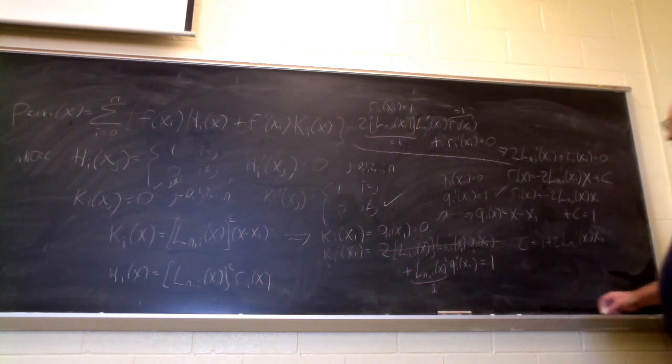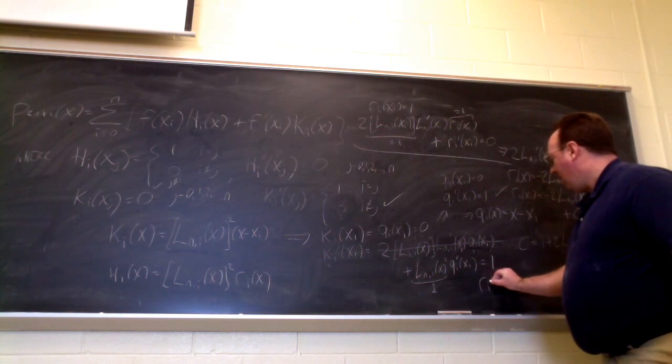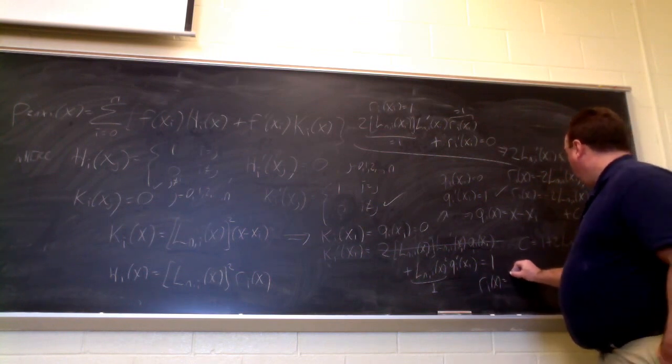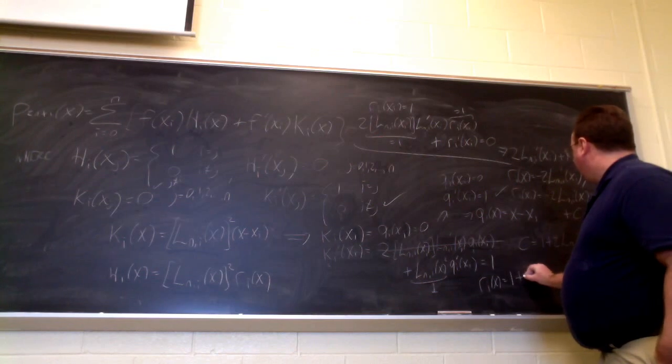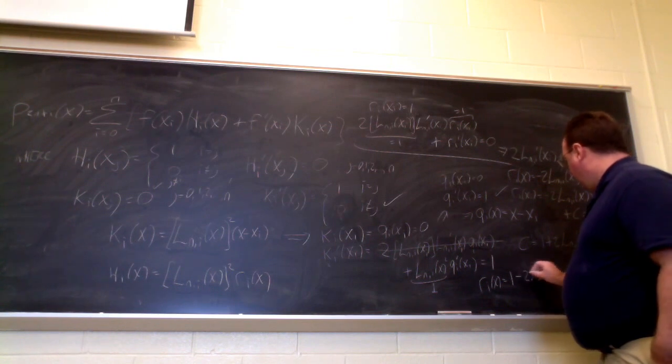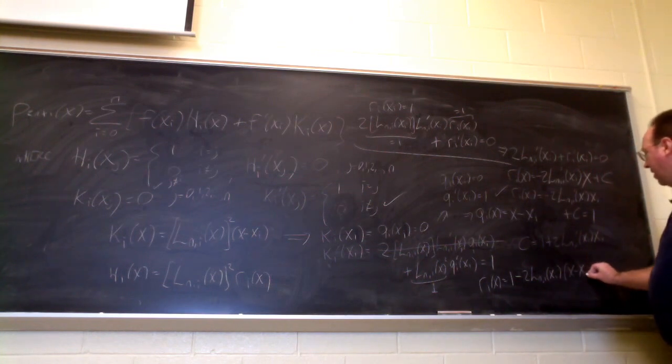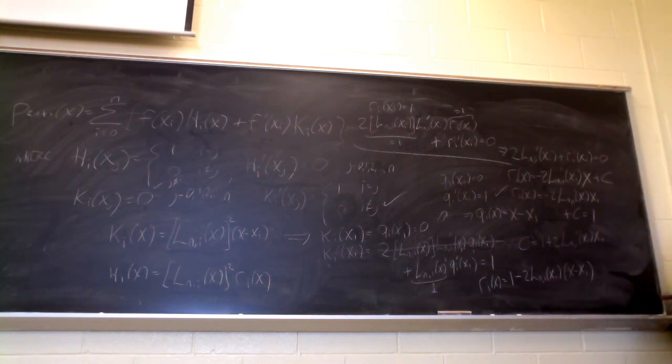So now we can say r_i of x is equal to 1 minus 2 l_i prime of x_i, and I can write it in the factored form, x minus x_i.